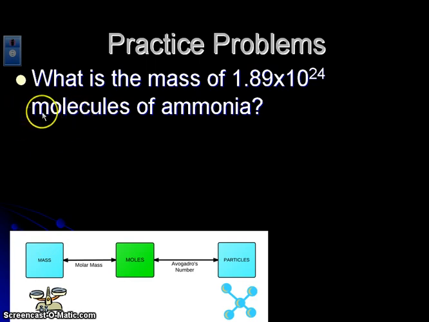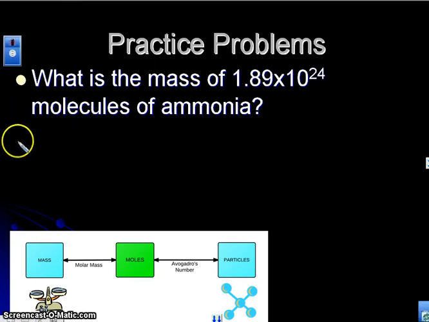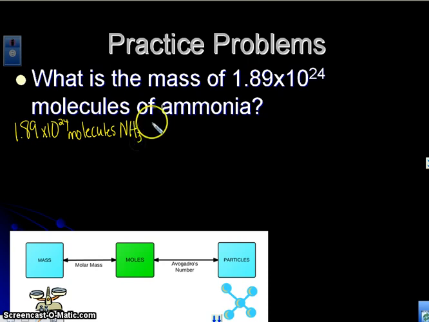We've got 1.89 times 10 to the 24th molecules of ammonia. I hope you remember the formula for ammonia. Remember that you're not allowed to forget anything. It's NH3.